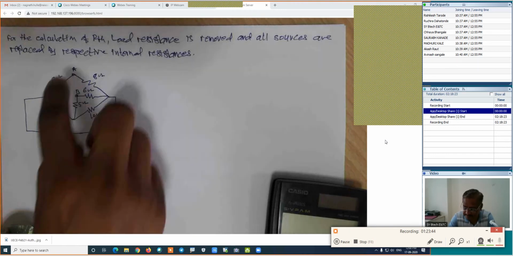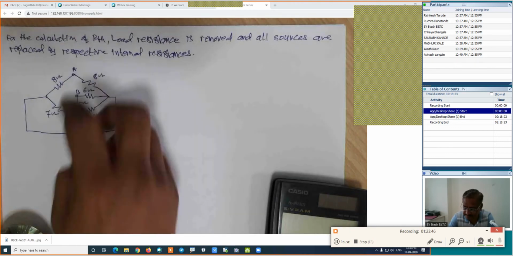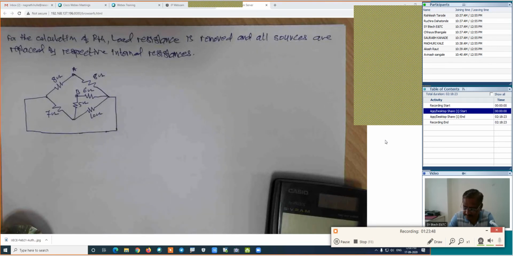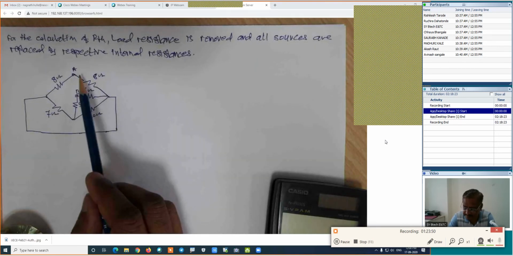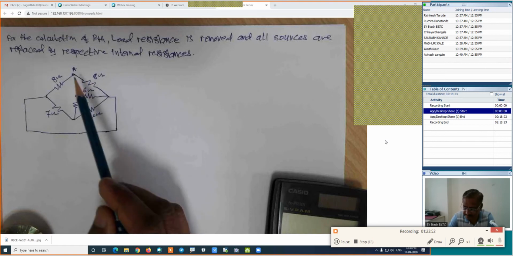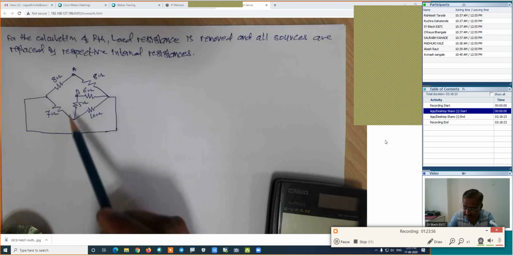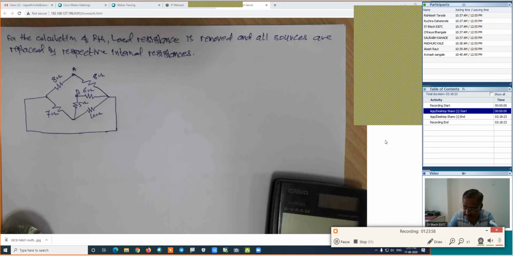These are the terminals between which we want to find out the resistance, A and B. These are the two terminals. First, try to take these terminals outside. That will make some sense, and we are in a better position to find out its value.